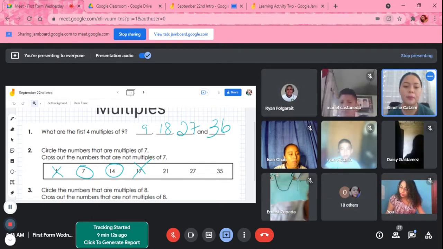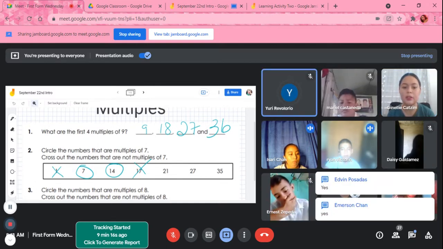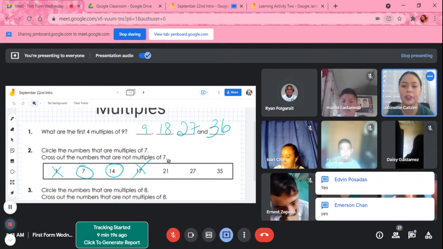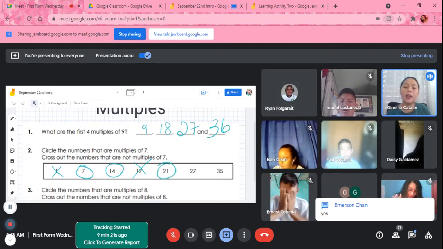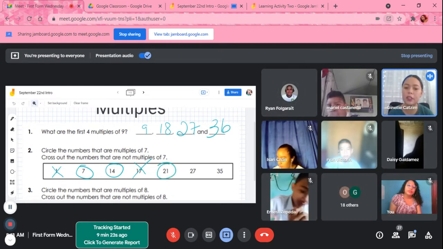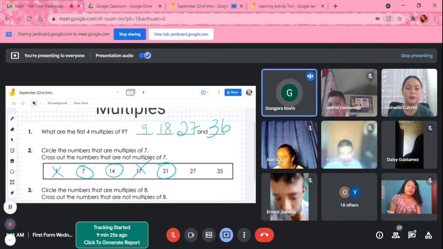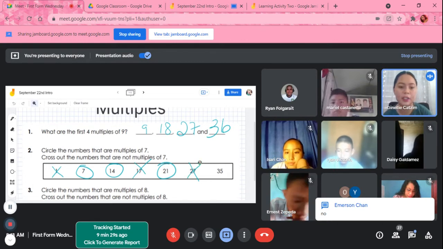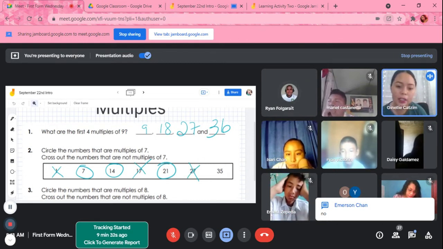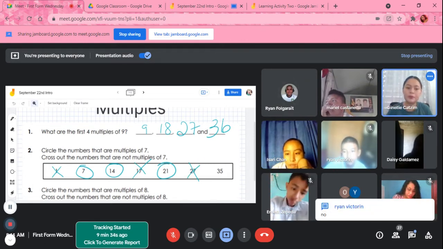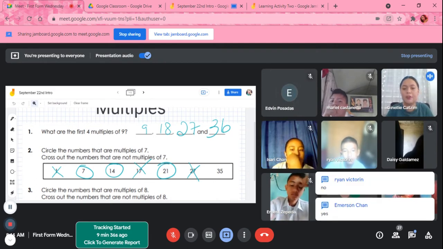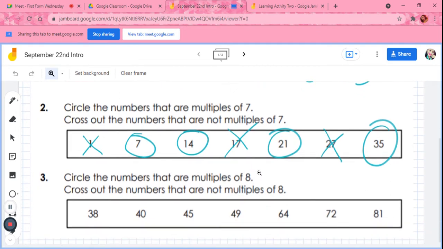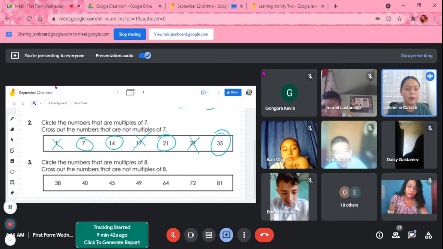So, is 21 a multiple of 7? Yes. Okay. And 27, is 27 a multiple? No, miss. That's 9, not of 7. And the last one, 35? Yes, miss. Very good. 35 is a multiple. We multiply 7 by 5 and we get 35.